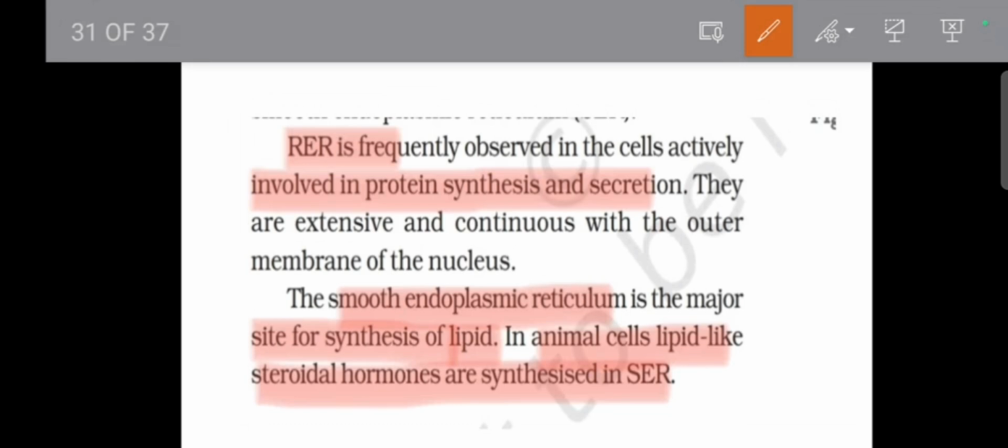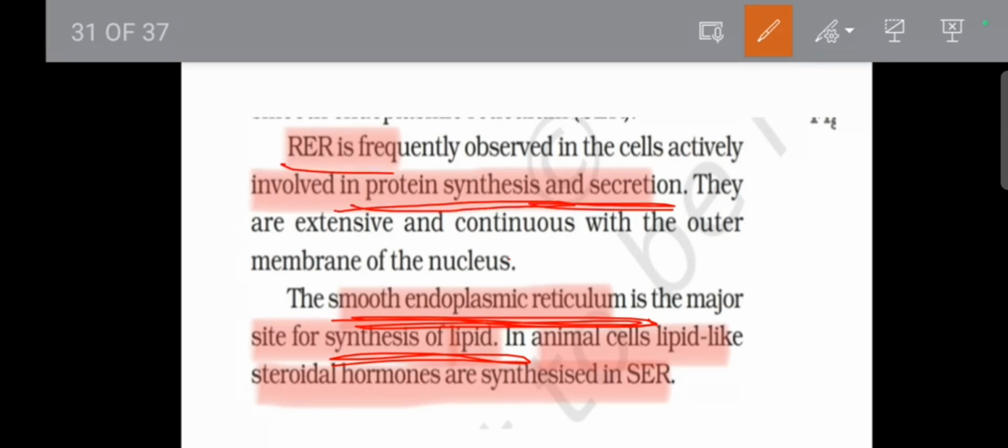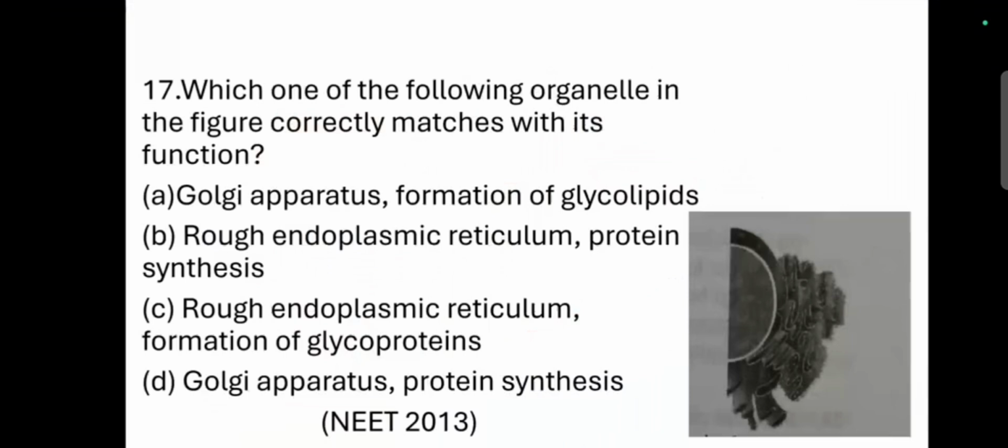The smooth endoplasmic reticulum is the major site of synthesis of lipids. In animal cells, lipids like steroidal hormones are synthesized in the smooth endoplasmic reticulum. So this is the most important: synthesis of lipids is done by the smooth endoplasmic reticulum, and synthesis of protein and its secretion is done by the rough endoplasmic reticulum.